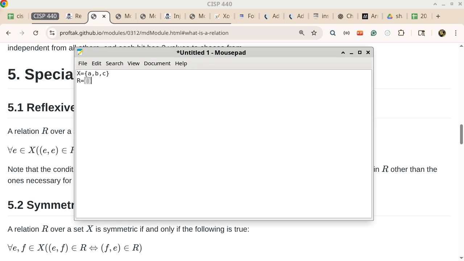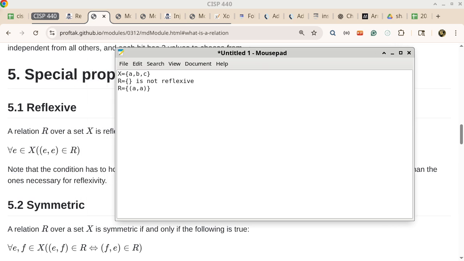We're going to write down this is not reflexive. What if we define R to be A, A and that's it? Is that reflexive? It is not reflexive. What about B? Does B relate to itself? No. How about C? Does C relate to itself? No. If you thought this one is reflexive, then the concept that you might need to clarify is the universal quantifier.